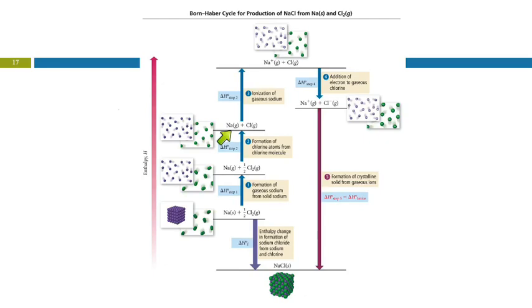Then we're going to form ions. We're going to form an ion of sodium. That requires us to put more energy in. So we're looking at all the endothermic processes here, adding energy. Then making the chlorine into an ion. So that's going to release some energy.